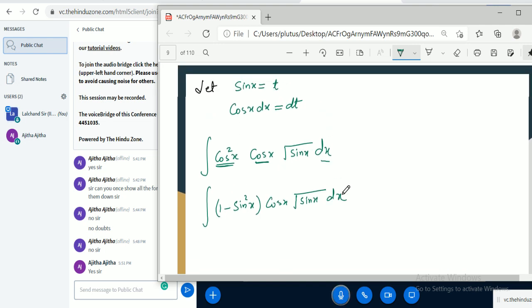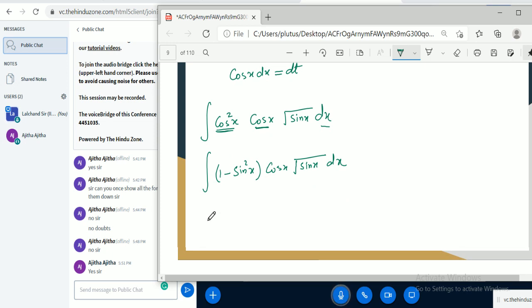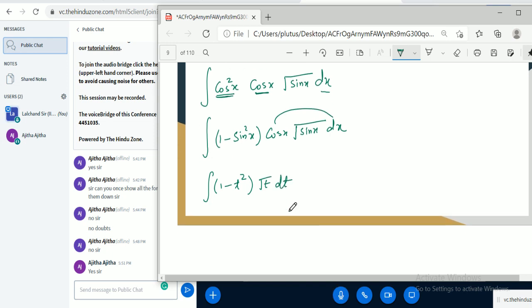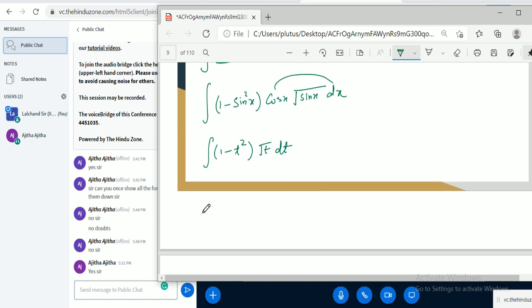If we make our substitution now, this equation will be transformed into 1 minus t square into dt and under root t, isn't it? If we simplify this, then under root t minus t to the power 5 by 2 into dt.